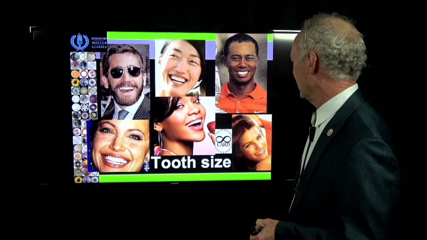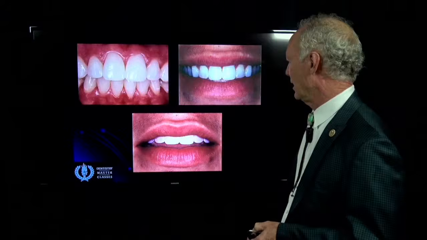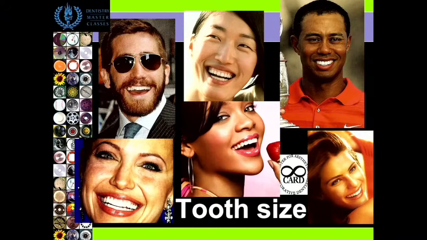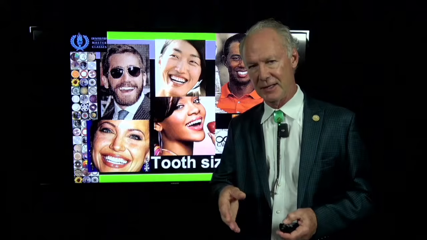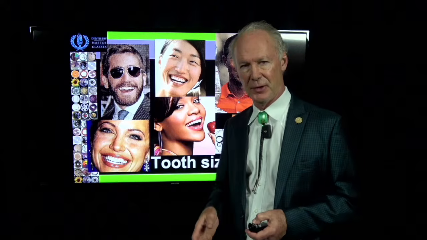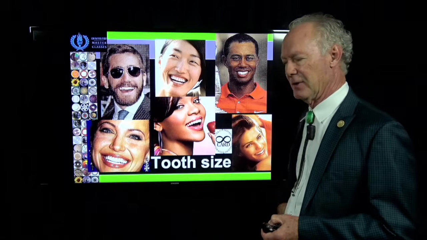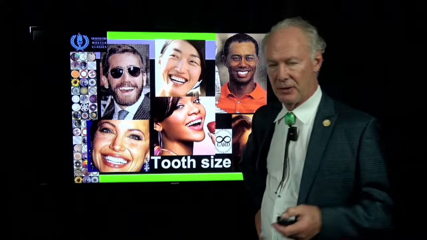So tooth size. When you're analyzing tooth size, say you measure the teeth and a tooth is 6 millimeters. I'm going to show you some fascinating cases if we get to it this morning on tooth size and things that I've uncovered in my practice with people that have been going to the dentist their whole life.